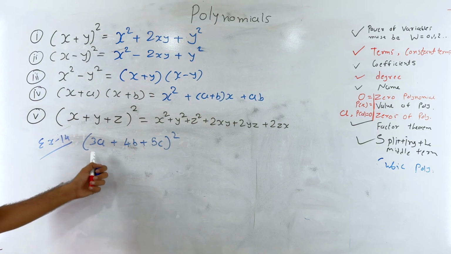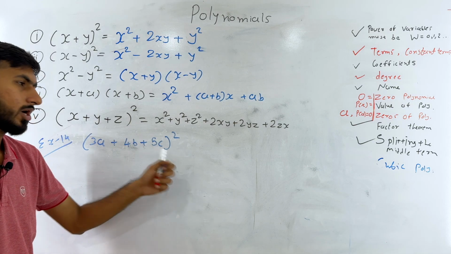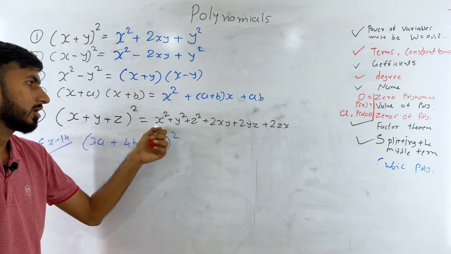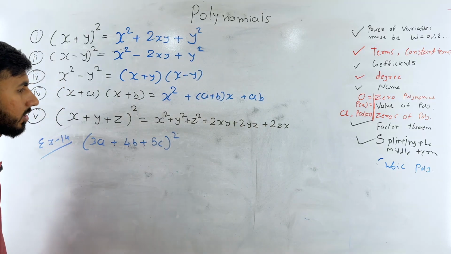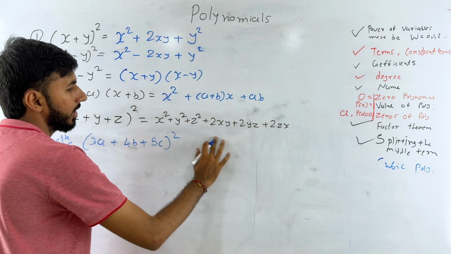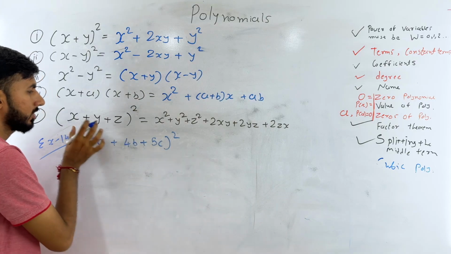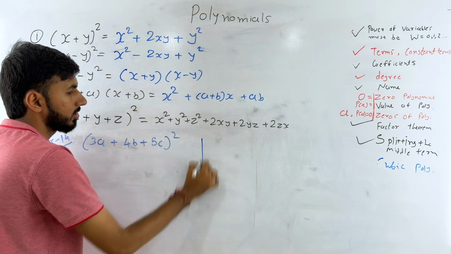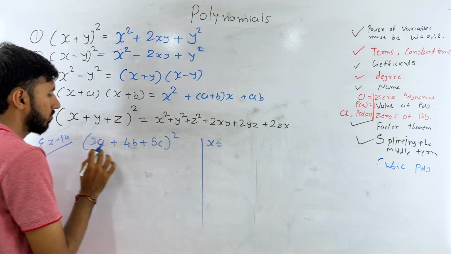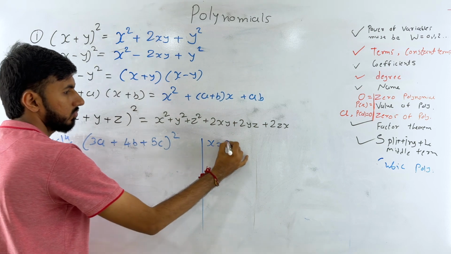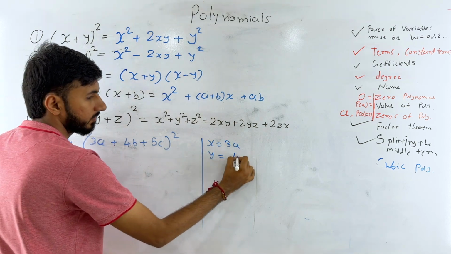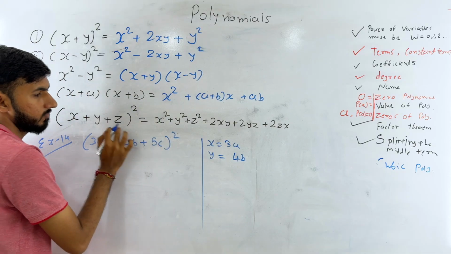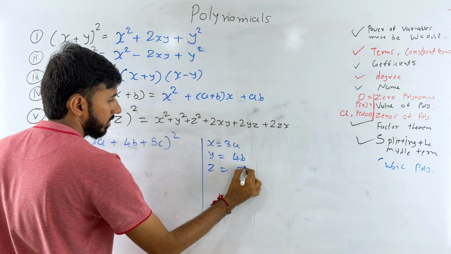Now you can see we have a trinomial here, square of trinomial. We have only one identity for it, x square plus y square plus z square, 2xy, 2yz and 2zx. Now by using the identity, x plus y plus z whole square is equal to this. If you compare it, x is equal to 3a, y is equal to 4b and z is equal to 5c, right?